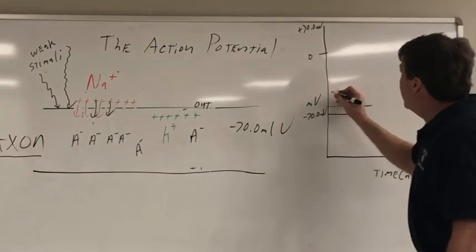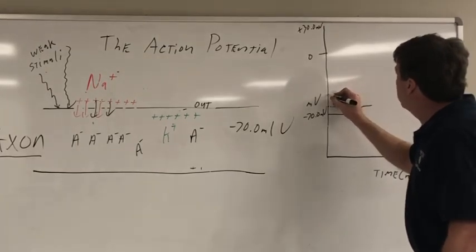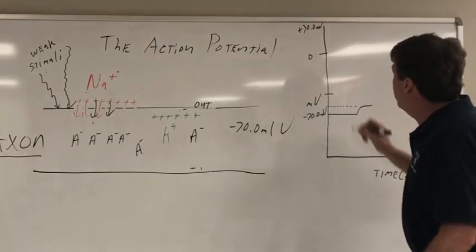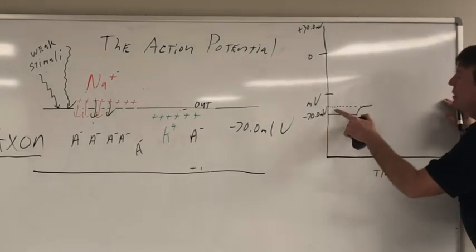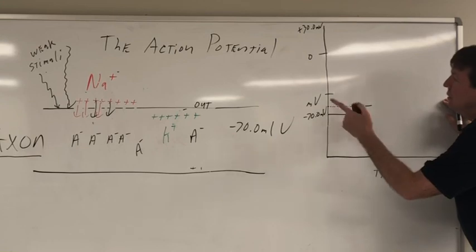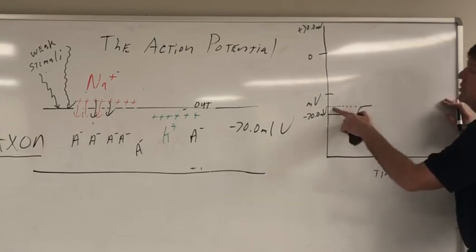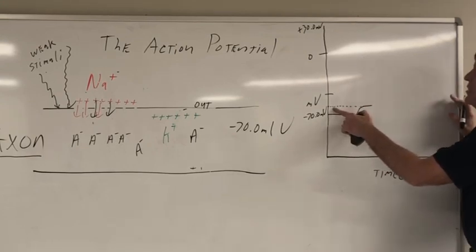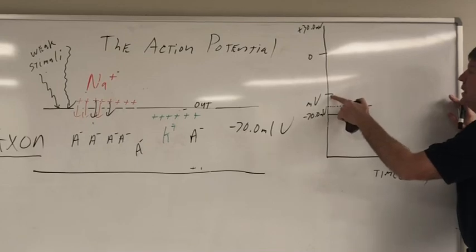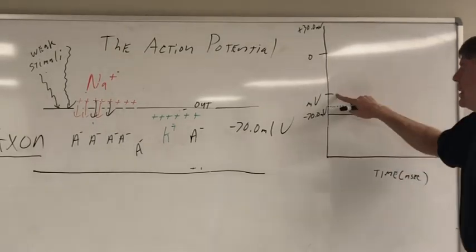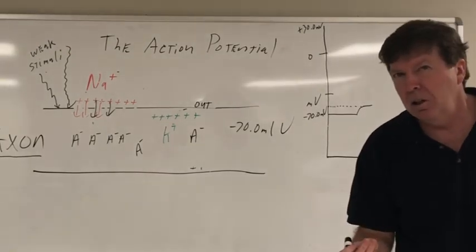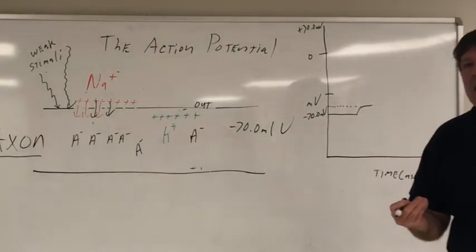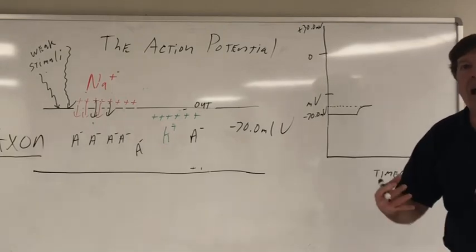Let's say that we rise from negative 70, let's go with negative 68, and then let's say we come to this region here. At this region here, that is the threshold potential. Threshold potential is when the nerve will actually fire.